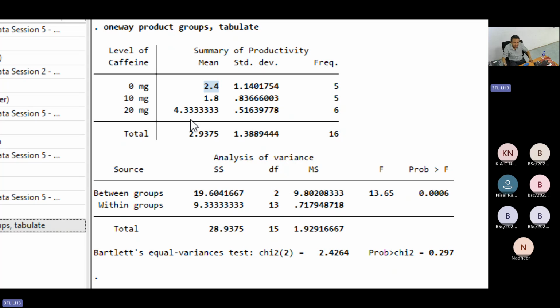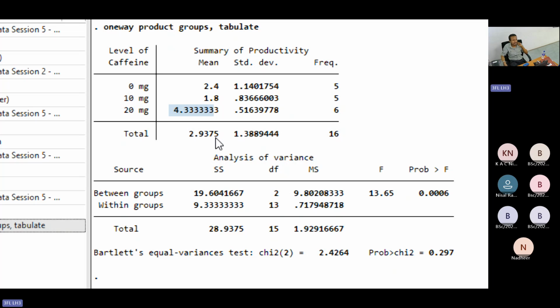The 10 milligram group produced 1.8 units. The 20 milligram group produced 4.33 on average. There are 5 or 6 employees, so we added that and divided by 5 and 6, then you get this value.